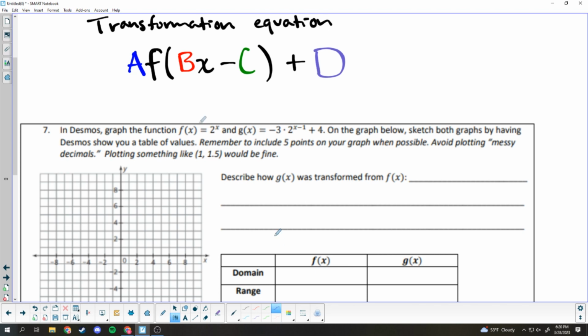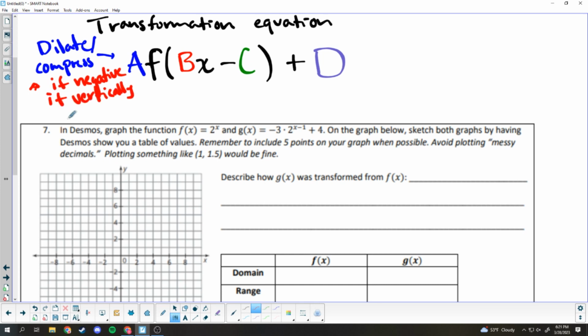Well, here's what each of those things mean. The a value, the thing out in front, can dilate or compress. So it can either stretch things out or make them smaller. And then, notably, if negative, it vertically reflects.